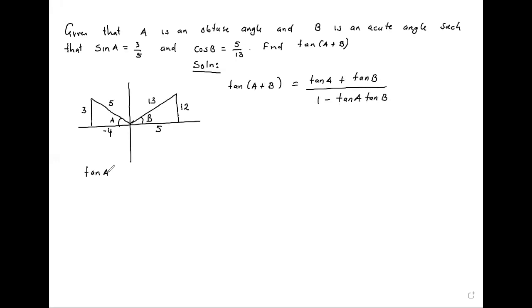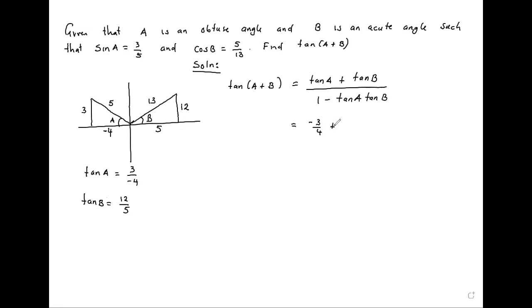This is going to be -4, so tan A is opposite over adjacent. So we get 3 over -4. Tan B is opposite over adjacent, so we get 12/5. And then substitute.